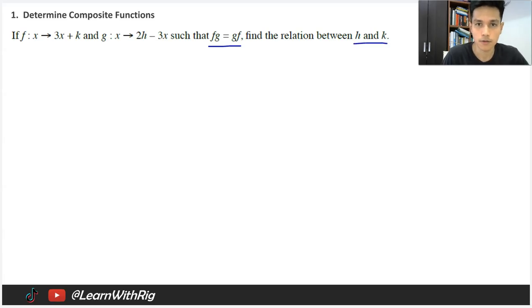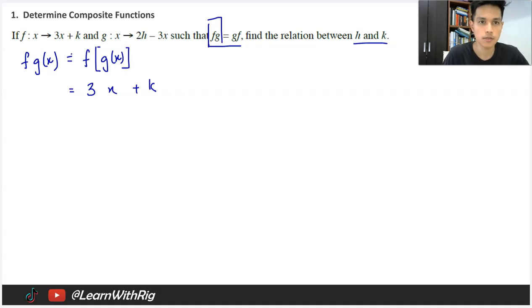So in this case, you have to first find fg. So what does fg mean? It means you are substituting g(x) as the object for f. So f(x) is what? 3x + k, correct?